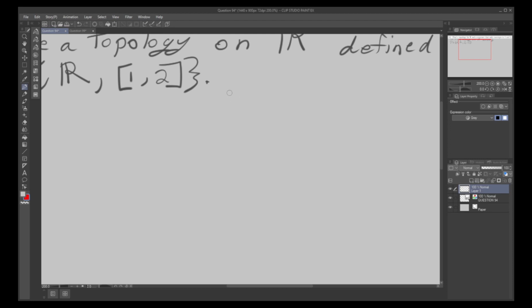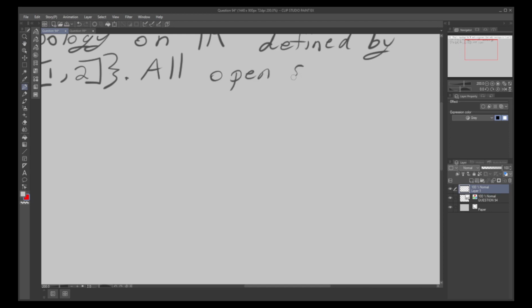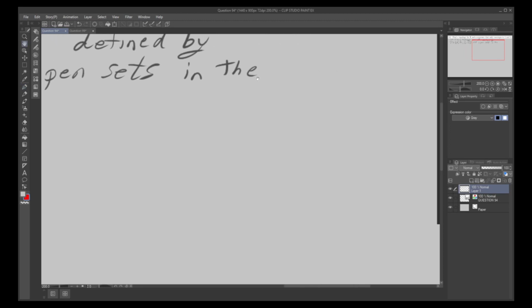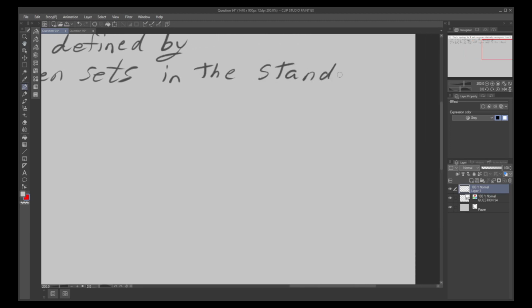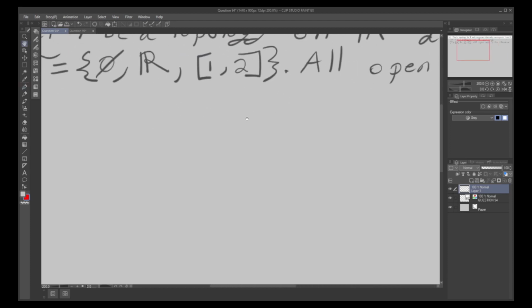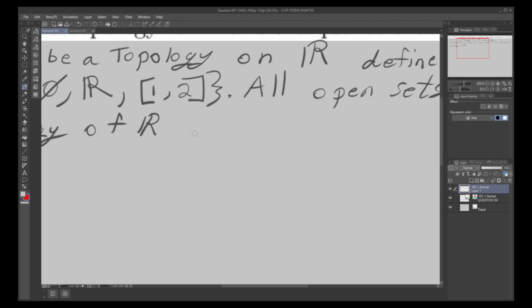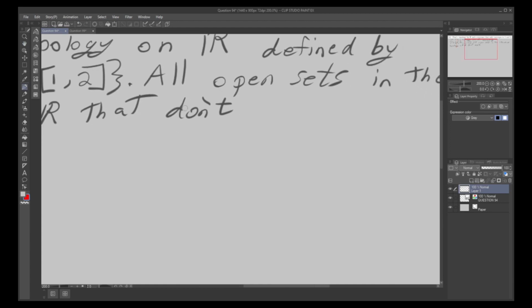So, let's also consider that all open sets in the standard topology of R don't contain 1 and 2.